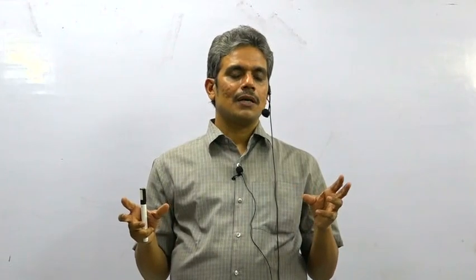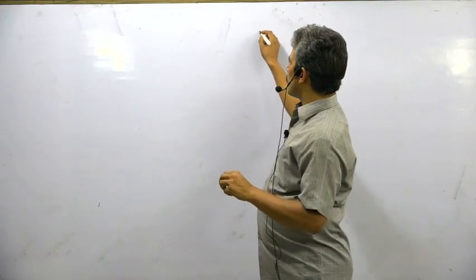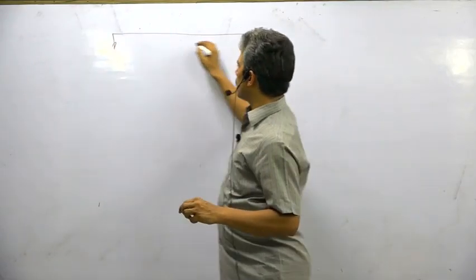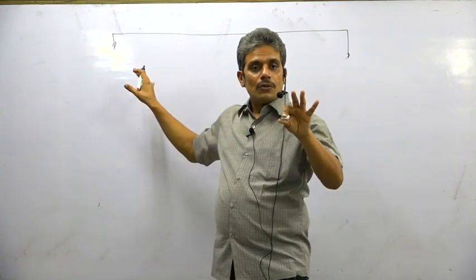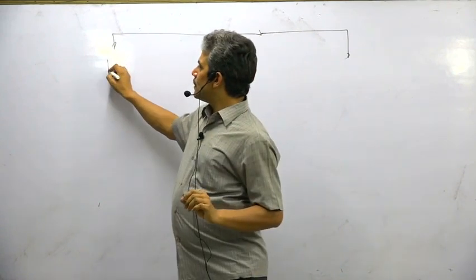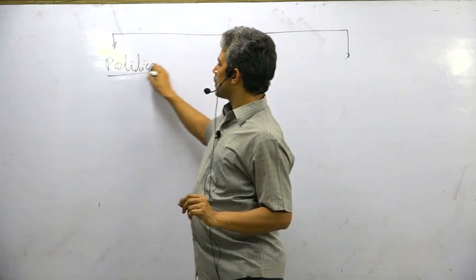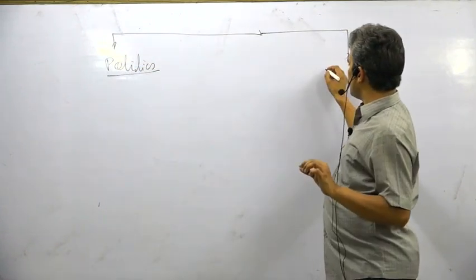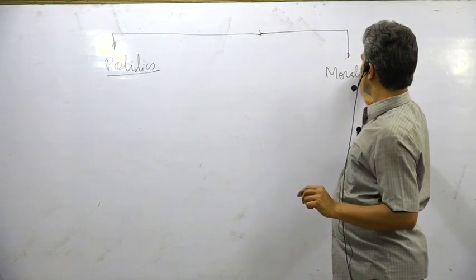What Morgenthau wants to say, we can explain like that: Morgenthau somehow divided politics and morality. He was in favor of a division between politics and morality.